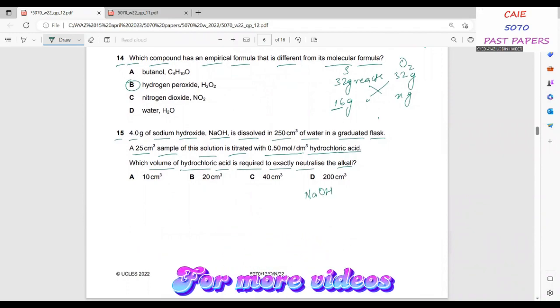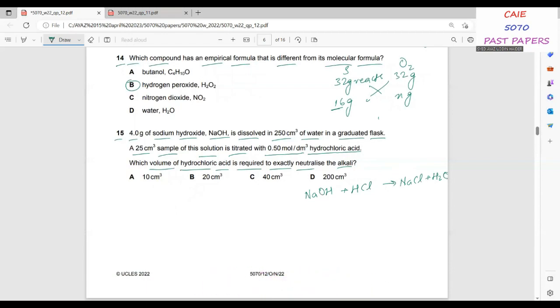NaOH plus HCl gives NaCl plus H2O. The equation is balanced, which means 1 mole of NaOH reacts with 1 mole of HCl. Let's consider the number of moles for NaOH as N1 and for HCl as N2, the volume for NaOH V1 and the volume for HCl V2.